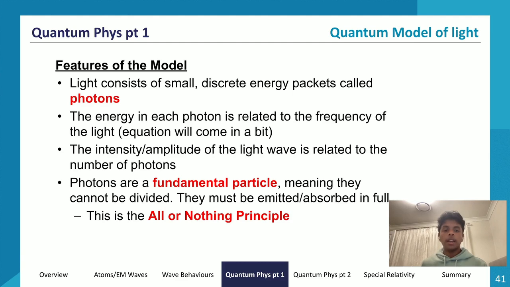So that provided experimental evidence that supported Huygens' wave model of light, because it showed that light didn't in fact speed up when it entered a more dense medium.